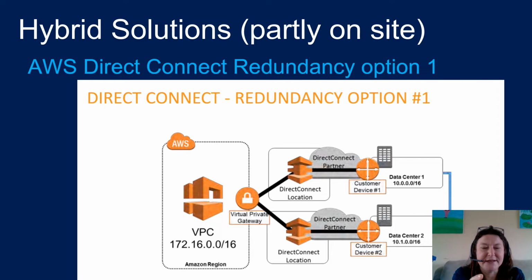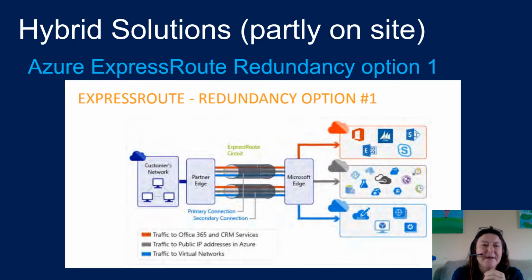And again, AT&T or Comcast would have a Direct Connect into the AWS virtual private gateway. So this is basically just a way to do a redundant backup option for Direct Connect, just in case one goes down. So this is the redundancy option for Azure ExpressRoute.